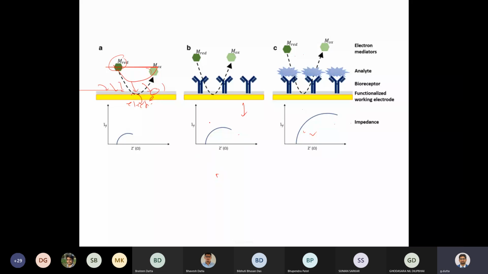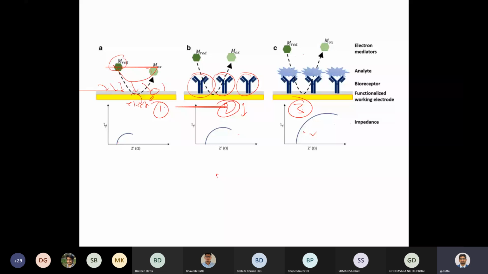This is the real example. See, this is number 1 electrode, number 2 electrode, number 3 electrode. What is the difference between number 1 and 2? Primary antibody. So here the primary antibody is immobilized, so basically protein is immobilized on the surface.